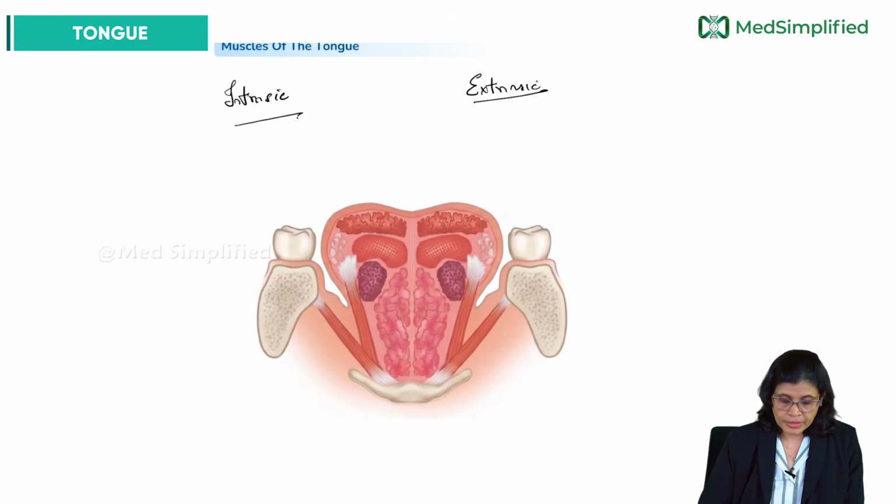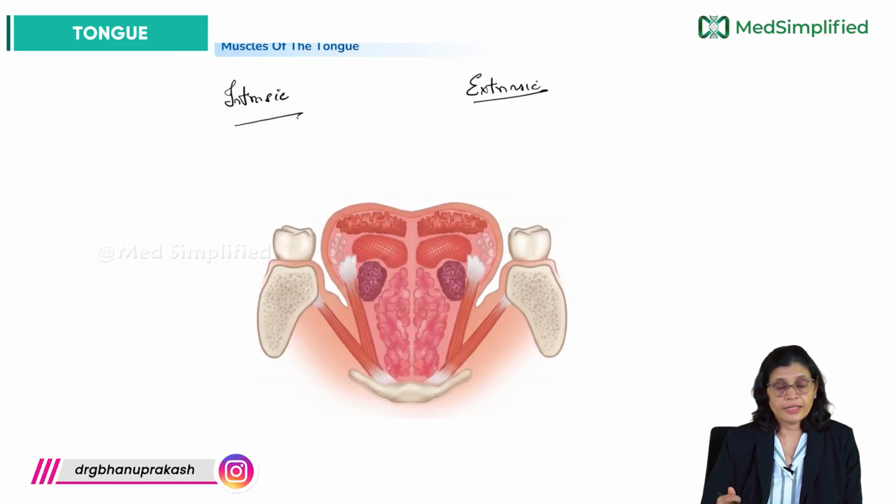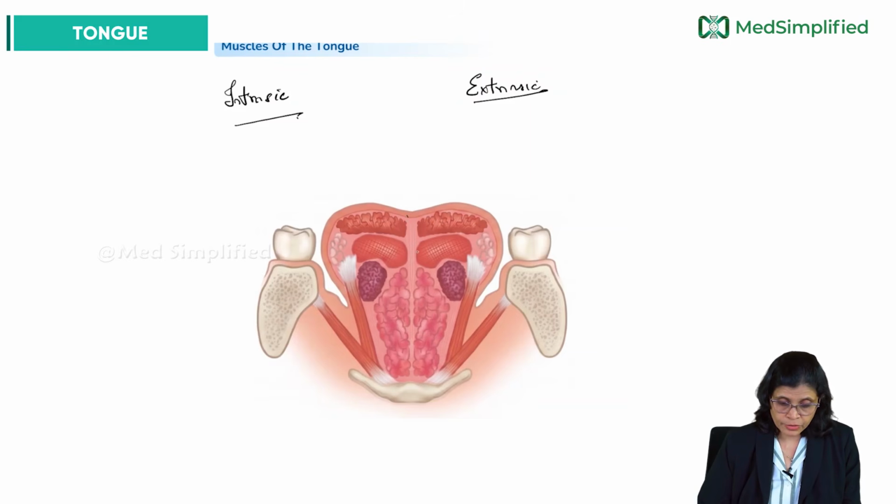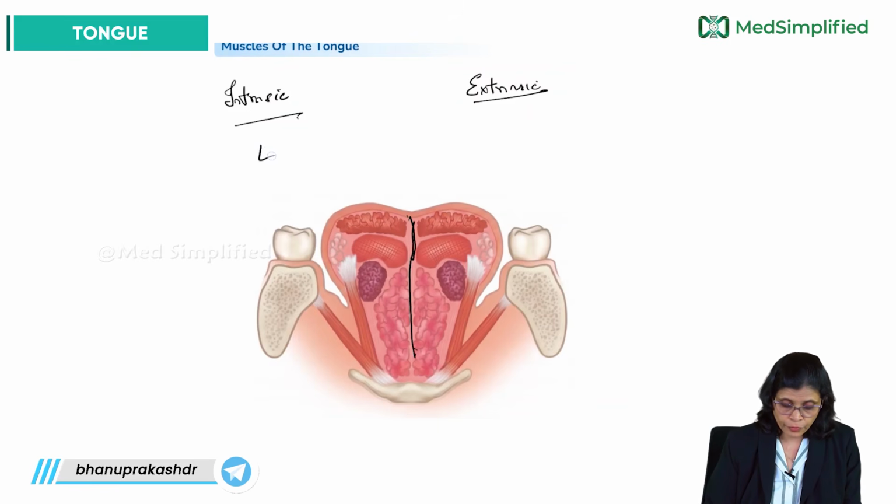Intrinsic muscles have the origin and insertion within the tongue itself, whereas the extrinsic muscles have the origin elsewhere and get inserted around the tongue region. The tongue is divided into symmetrical right and left halves by the median fibrous septum, and each half will have 4 intrinsic muscles and 4 extrinsic muscles.